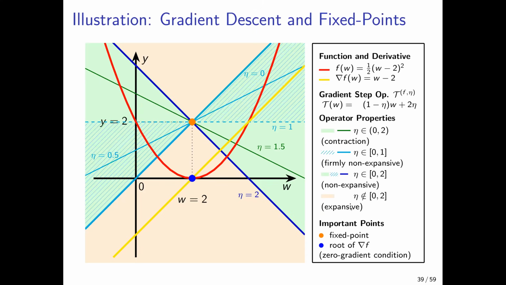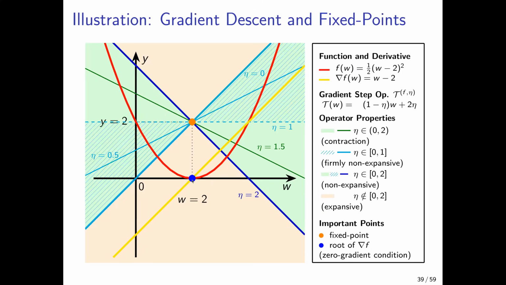And we should definitely avoid the non-expansive and especially the expansive range, where we have no guarantees that the fixed point iteration will converge, whereas when we have a contraction, we are sure we can apply the fixed point iteration and this will converge to the fixed point, which is the minimizer of the original function.